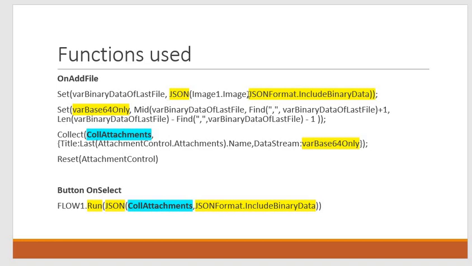We extract the binary from the attachment control and image control, do some string processing to remove some of the content which is not needed, and then create a collection, and that collection you are passing to your flow.